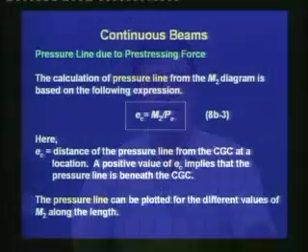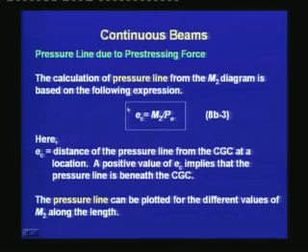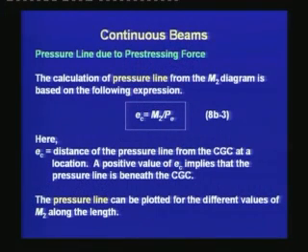The calculation of the pressure line from the M2 diagram is based on the following expression: EC is equal to M2 divided by PE. Here EC is the distance of the pressure line from the CGC at a location. That means EC is the eccentricity of the compressive force in the concrete, and it is measured from the CGC of the section. A positive value of EC implies that the pressure line is beneath the CGC.